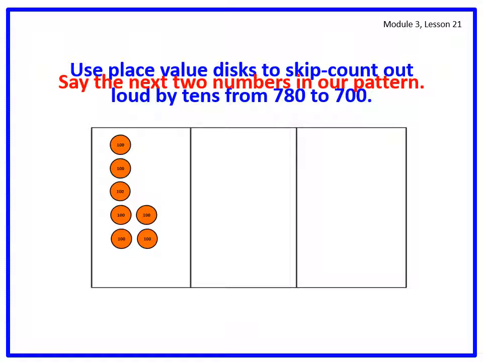Let's say the next two numbers in our pattern. If we were at 700, and remember we were skip counting by tens going less, it would be 690, 680.